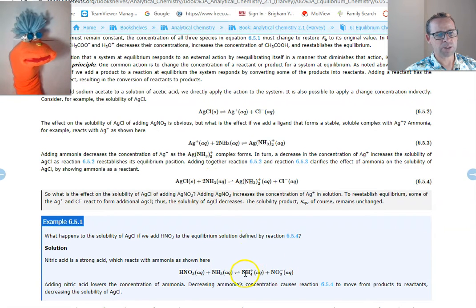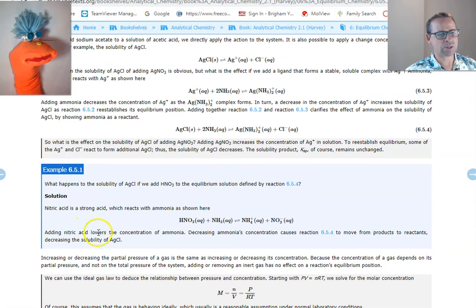Adding nitric acid lowers the concentration of ammonia. And if that lowers the concentration of ammonia, then the silver chloride won't be able to react with the two ammonia here.